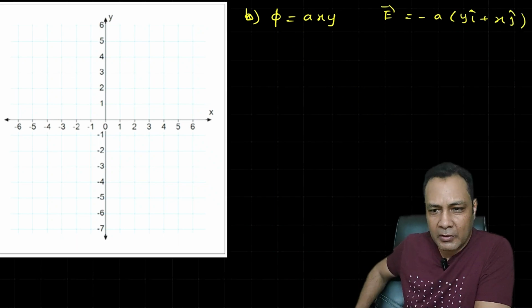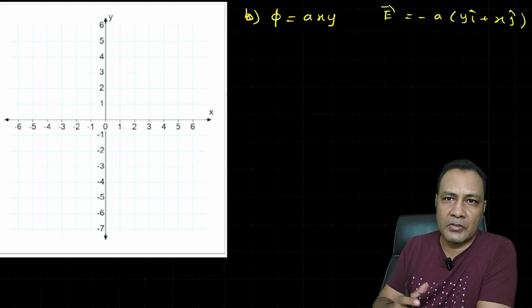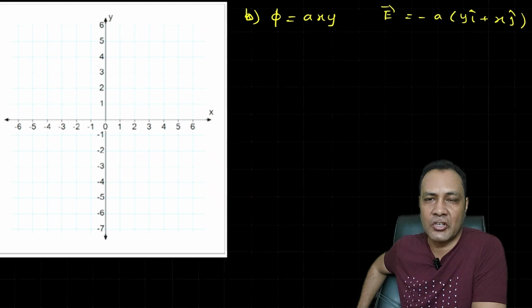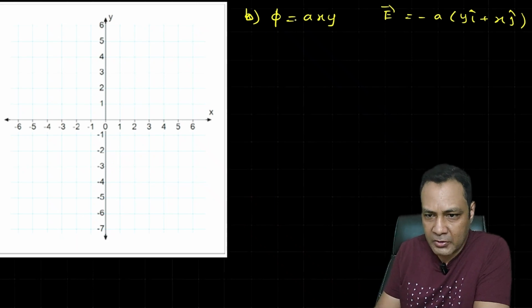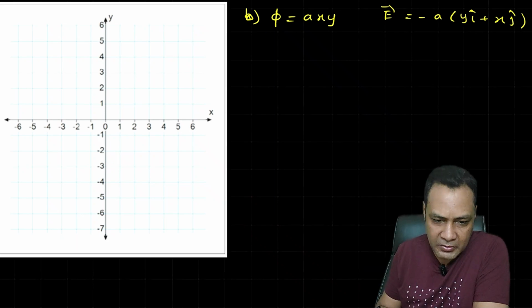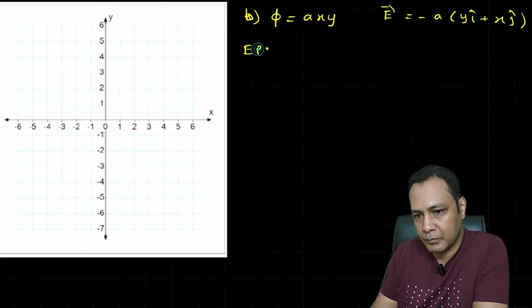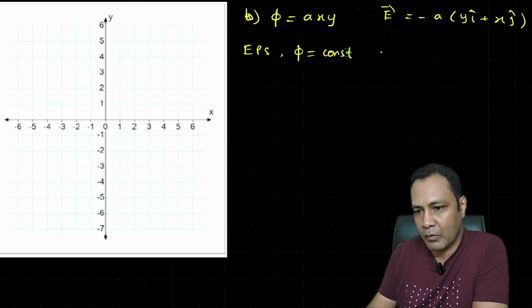You will see that basically in these two cases, case 1 and case 2, the EPS and ELF will get exchanged. So let me start plotting this EPS. For the EPS, phi is constant, meaning xy is a constant.